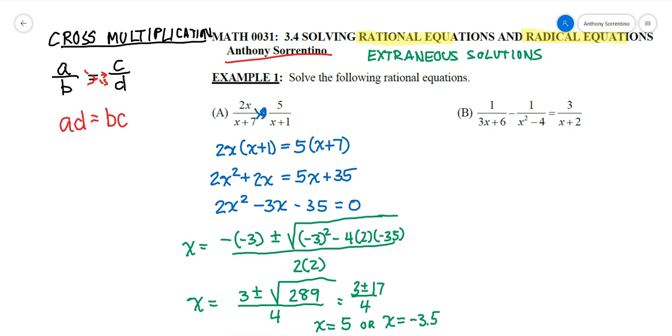Now, as we start doing this more and more frequently and we solve more rational equations, there's also something we tend to need to do first before we even get into all this. All of this work I've done and shown here is based off of a premise. And the premise is that 2x over x plus 7 as well as 5 over x plus 1 both exist.